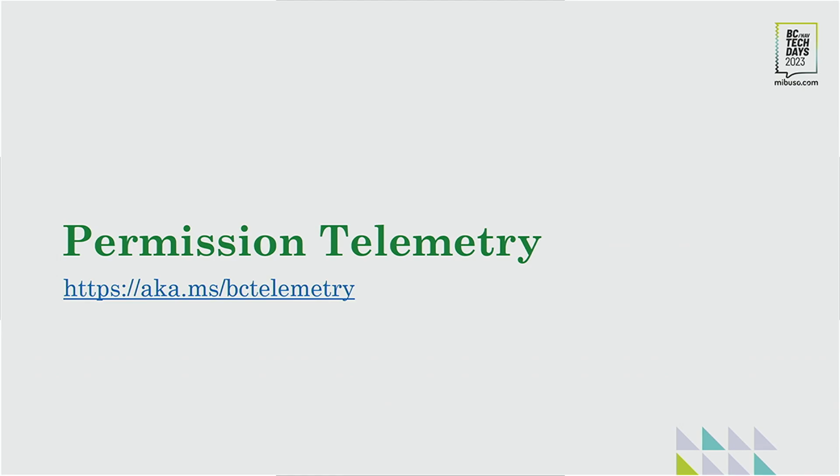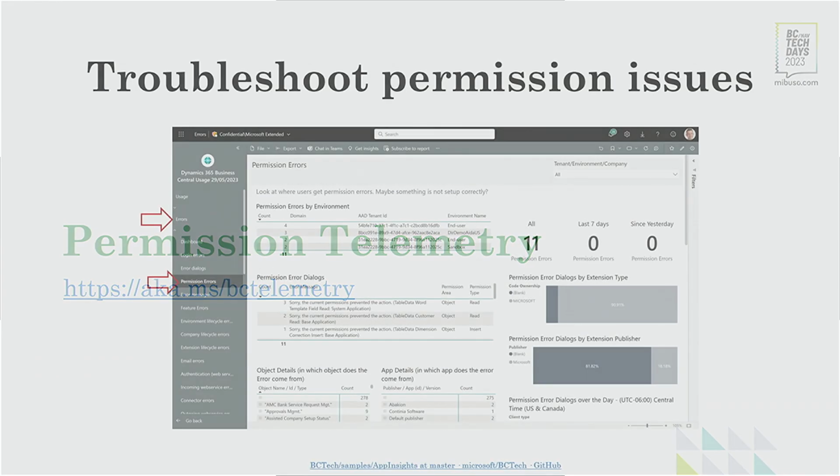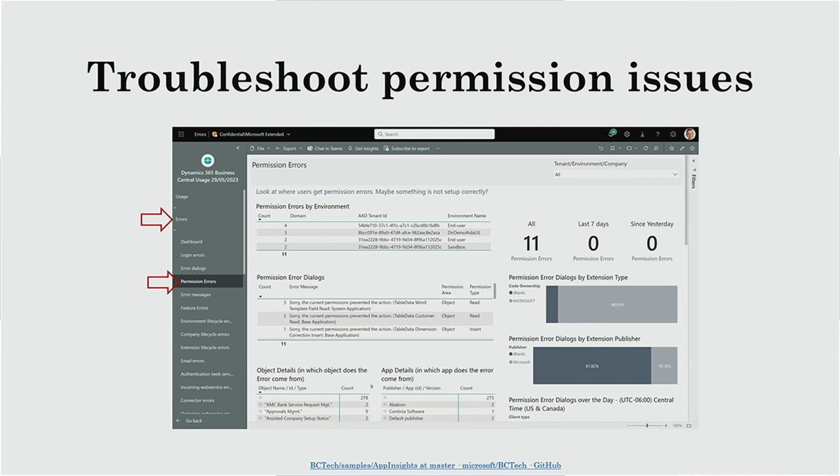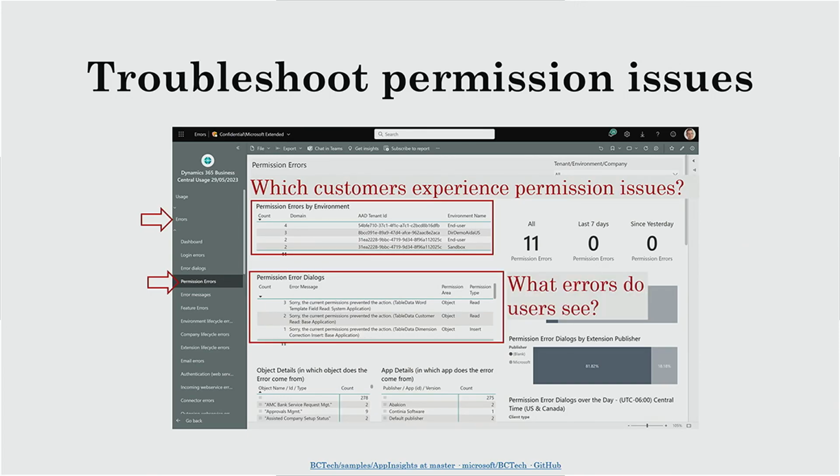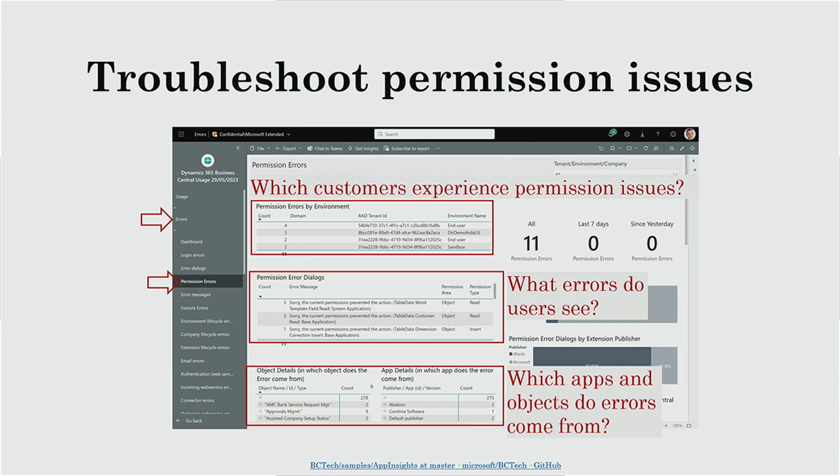One final thing before the first break, we will talk about telemetry. Yes, we can't have a good session without mentioning telemetry. So, of course, you can use telemetry to troubleshoot your permission issues. If you go to errors and permission errors, then you can see, for example, which customers experience permission issues, what errors they see, and which apps and objects these errors come from.